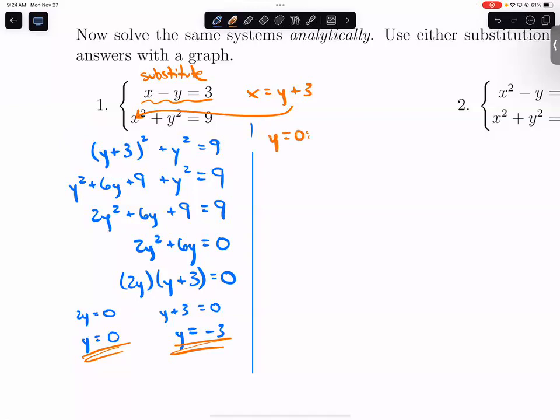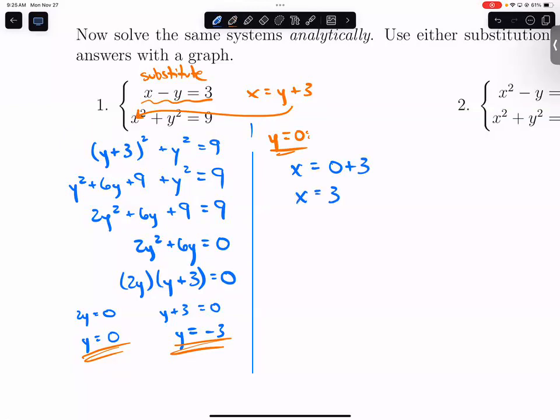Y equals 0. If y equals 0, then I need to find the x that goes with it. So plug it back in somewhere, right? Anywhere before we got rid of x. I'm going to plug it in wherever looks friendliest, right? Since I did a substitution and I've already done some of the work, I'm going to plug it in right there. I know that x is y plus 3.